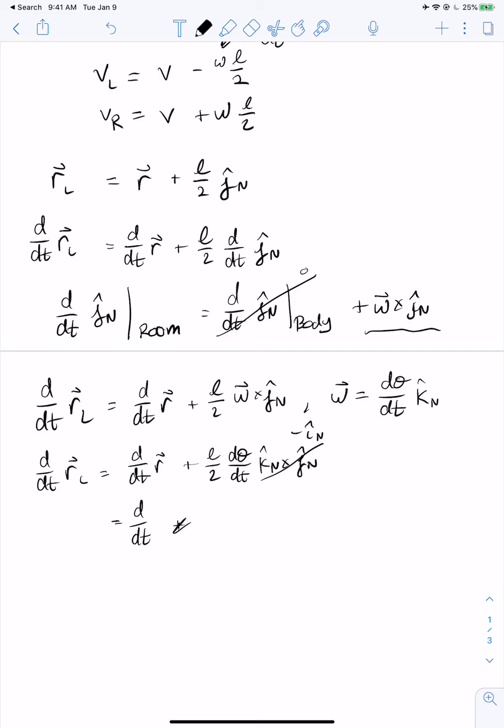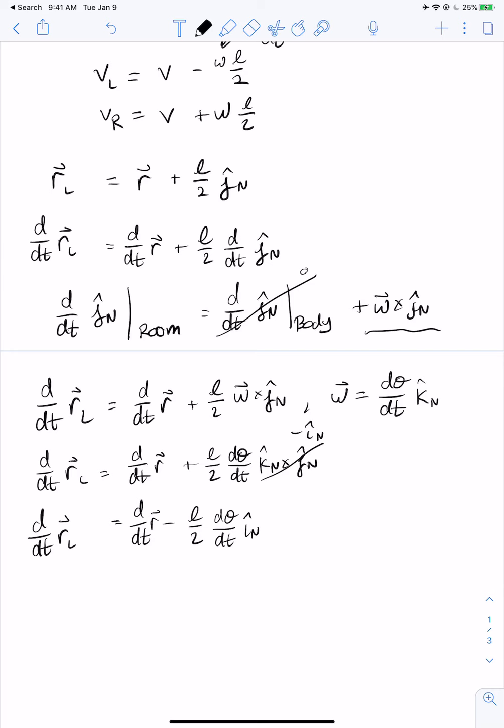And then we can just make this a minus. Okay, and now we have this beautiful expression for the left wheel velocity in terms of, whoops, I forgot the R here, the center of the robot's velocity minus L over 2 and the sort of angular speed. And this is i hat Nito.